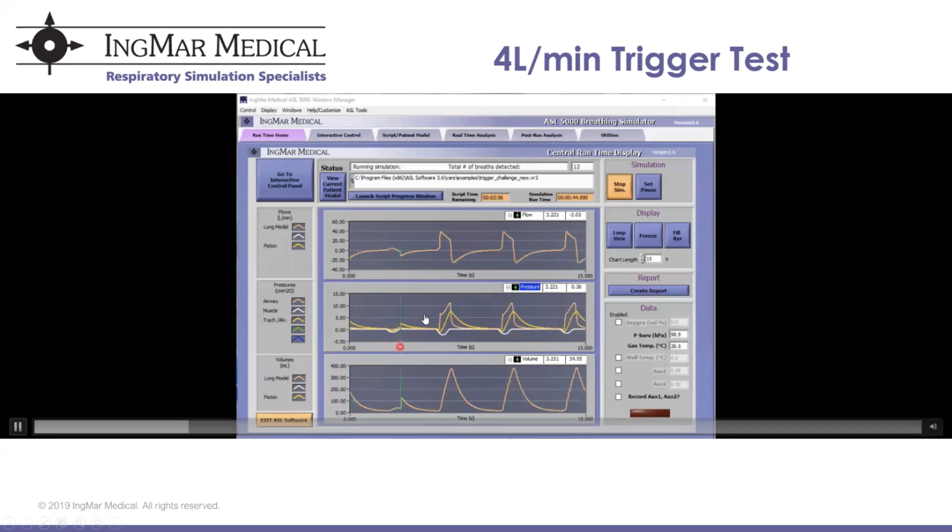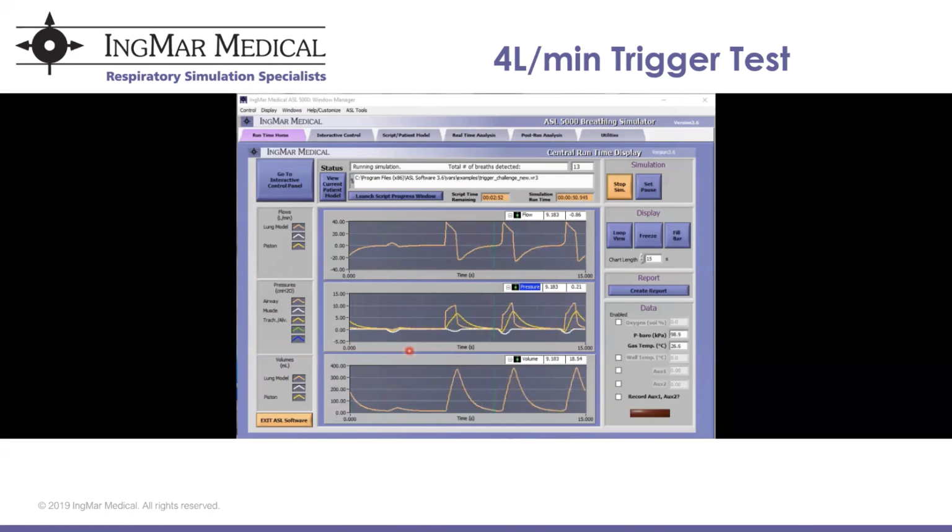So here we already have a ventilator that does not recognize the patient's effort at the 6th breath. And we will also see that we have now more breaths that are not being recognized. I think we are going to have a few more right here.